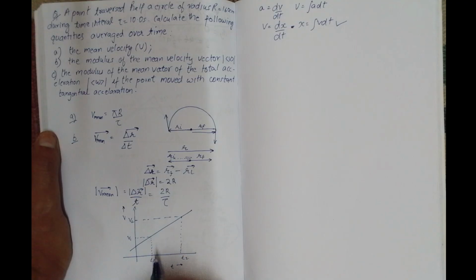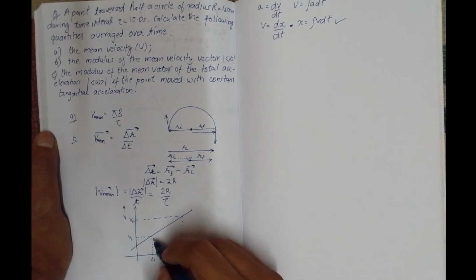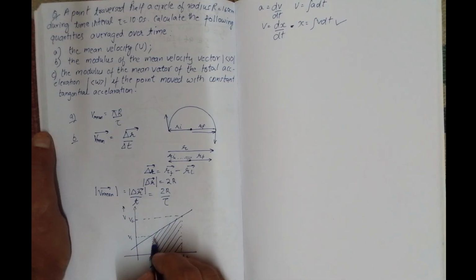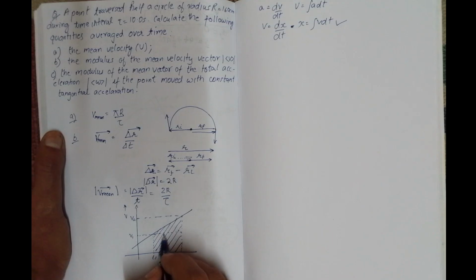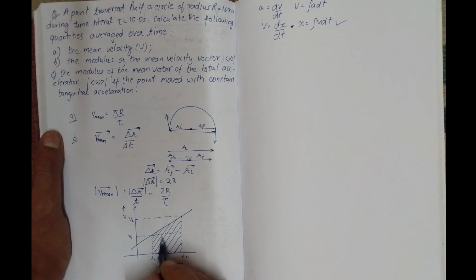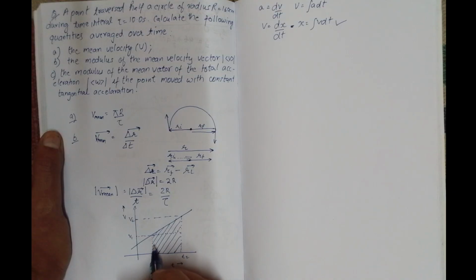Now suppose we want to find the distance traveled by this particle between T1 and T2. That will be the total area under this curve. This total distance will be the addition of this rectangle plus this triangle.